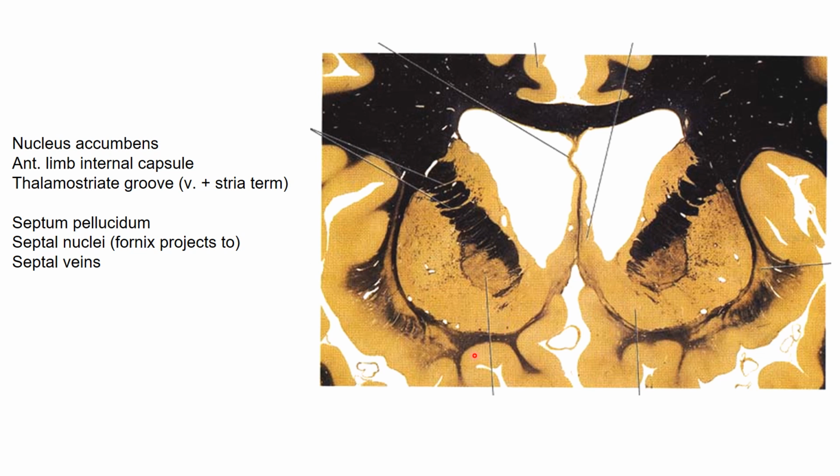And then also, we can see these black fibers going underneath the lentiform nucleus, aka putamen, and then our nucleus accumbens. This is going to be our sublenticular limb of our internal capsule because this is our lenticular nucleus per se. And so then these fibers underneath are sublenticular.